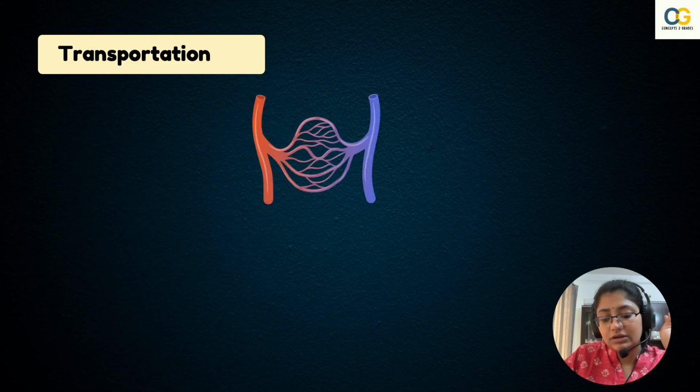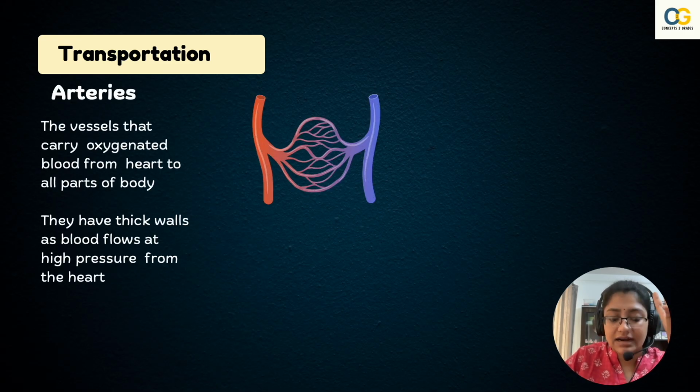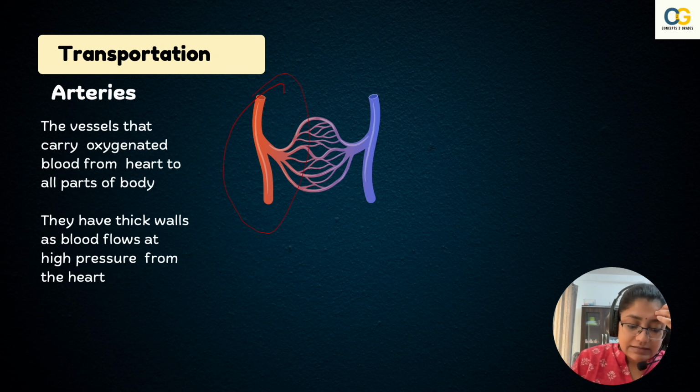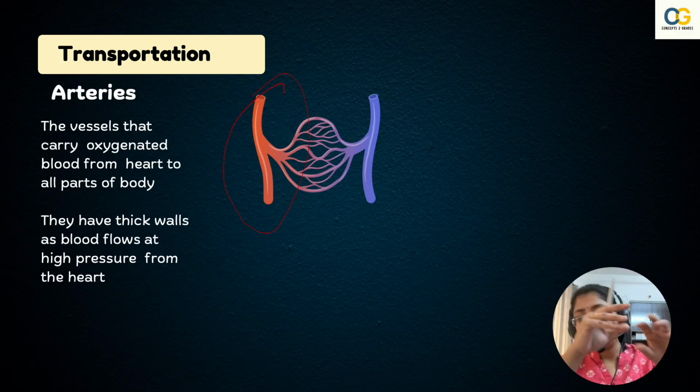So let us look at what these are. First we have the arteries, which are usually coded in red color. These vessels carry oxygenated blood from the heart to all parts of the body, and they have thick walls because the blood from the heart comes at a very high pressure. To prevent breakage from pressure, they have a very thick wall.